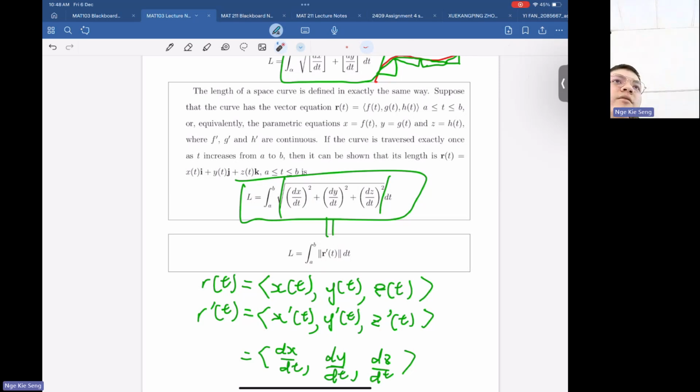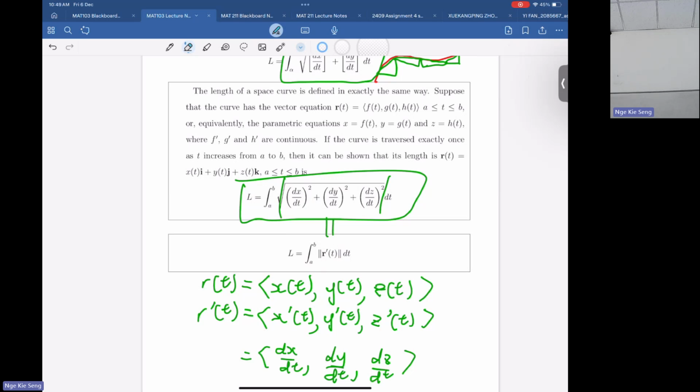Don't you find it amazing? If I see your speed at every point, I can know how far you have gone. That's also reasonable, right? I mean, if your speed doesn't change, it's easy to see. Let's say I just move 20 km per hour.